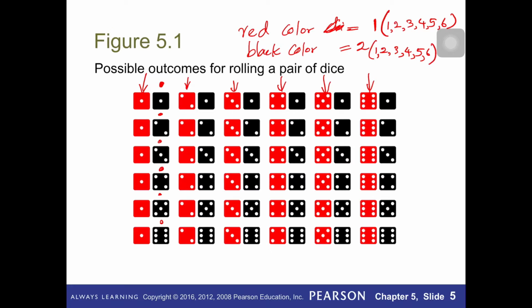For example, if I roll the red color die, I can get 1. Next, I roll the black color die, I can get 1. That is a possible outcome. What happens if I roll the red color die and get 4, and the black color die gives me 1?